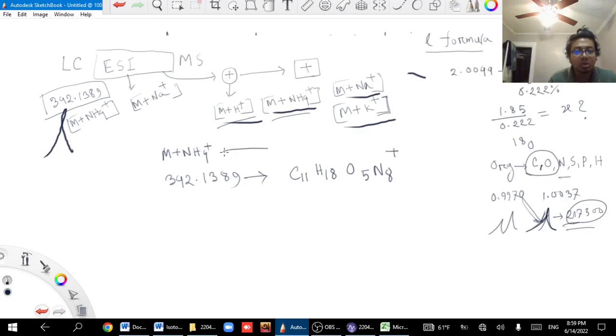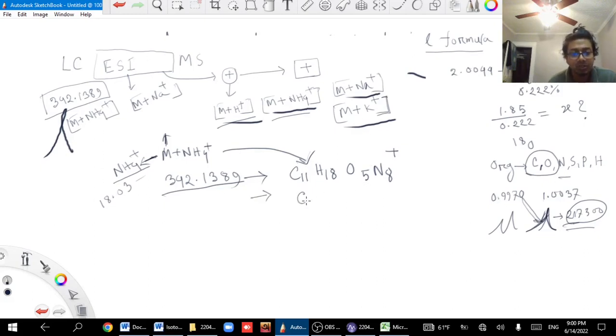So to get the original mass of that compound, I need to subtract that NH4, which is like 18.03 or something like that. Manually, if I remove that NH4, that's one nitrogen and four hydrogen.